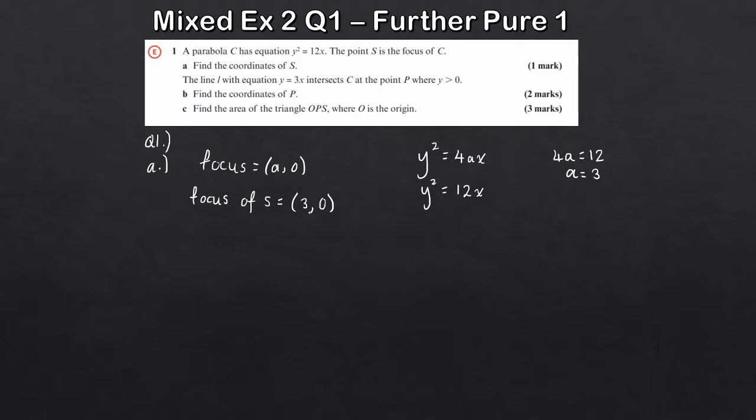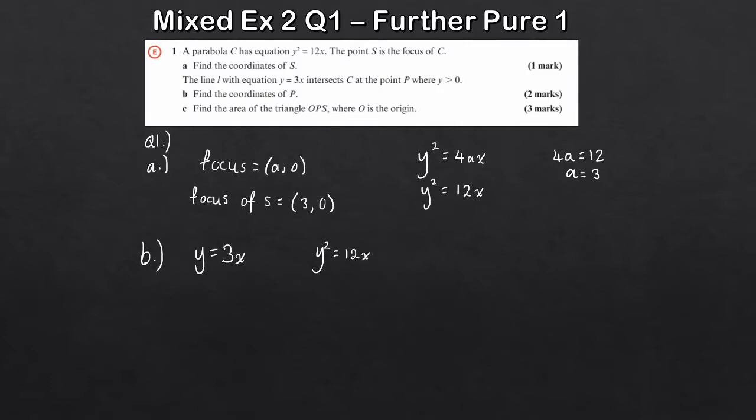Let's jump into the next trickier part. We've got the line L with the equation y equals 3x, and this intersects C at the point P. We're asked to find the coordinates of P. So where can we start? Well, we know y is equal to 3x, and we know the equation of our parabola is y squared equals 12x.